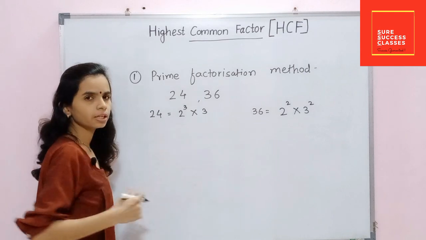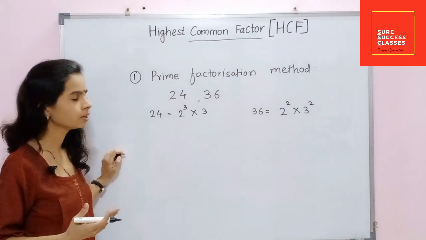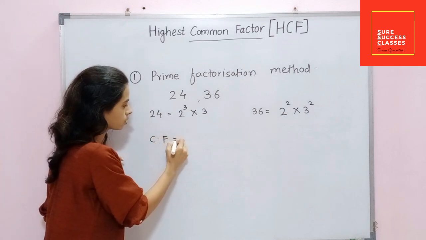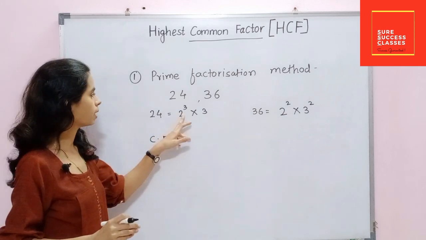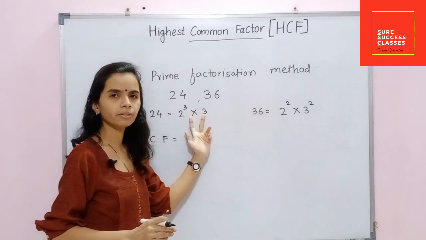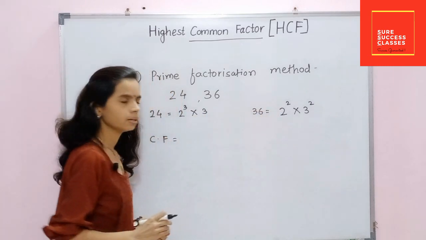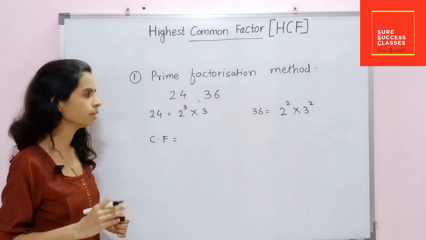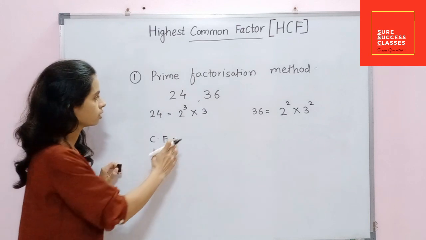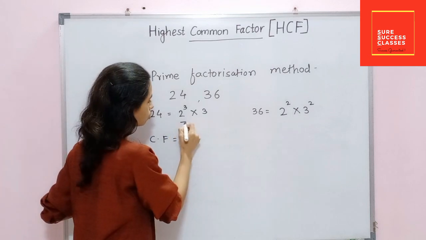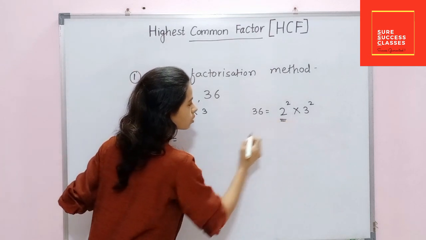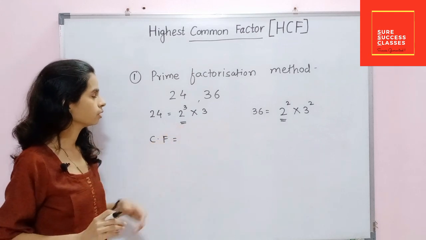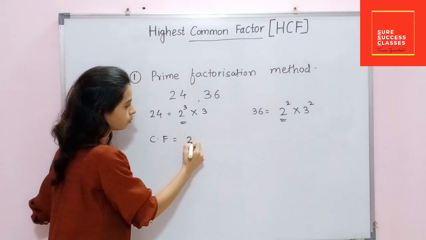Here in the next step we will find out the common factors. To find out common factors, we will see the powers of both the prime factors, and from that we will pick out the smallest power of each common prime factor. Here the smallest power of the common prime factor 2 is 2 to the power 2.